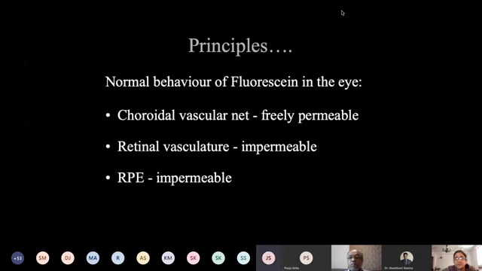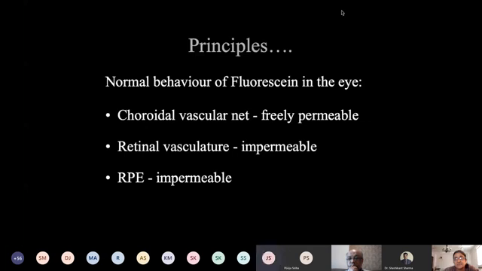It's only those structures which are impermeable to the dye, such as the retinal vasculature and the RPE, that we will be able to image. So primarily this diagnostic procedure is meant where we would like to see the vasculature and the RPE.